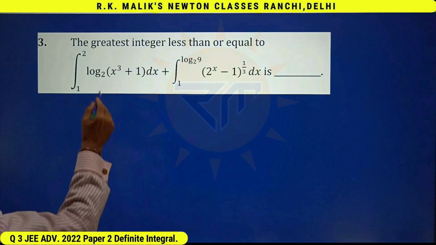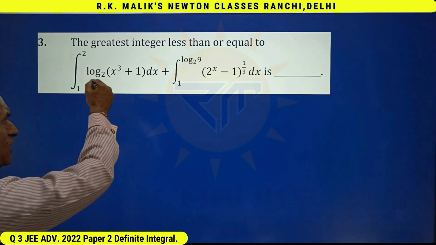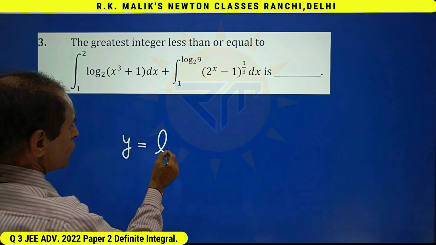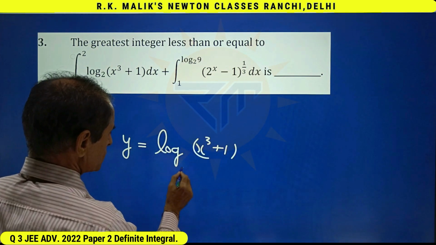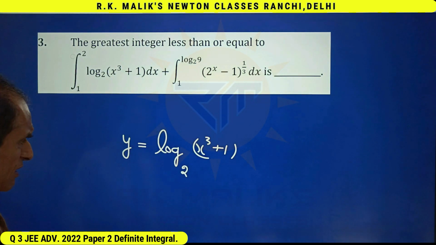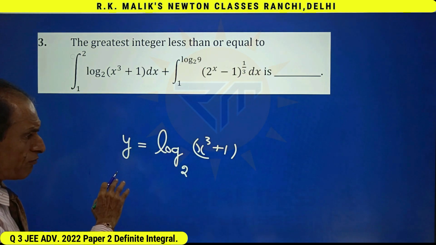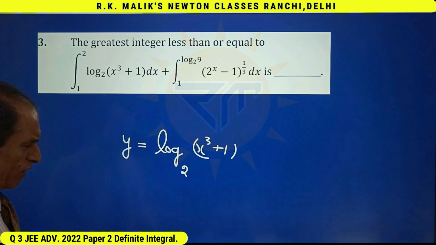And now let us check whether these two functions are inverse functions of each other or not. You must be knowing that if I want to find the inverse function of this, I start this way: y equal to log of (x cube plus 1) to the base 2, and from here I will try to find the value of x in terms of y, and once I have got the value of x in terms of y, in that equation finally I will write y for x and x for y.